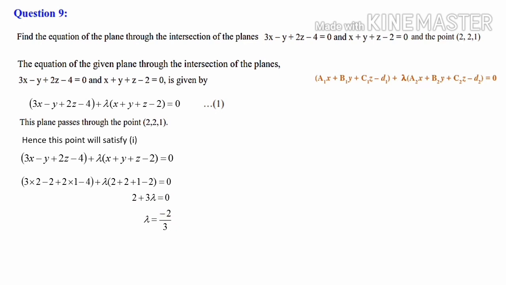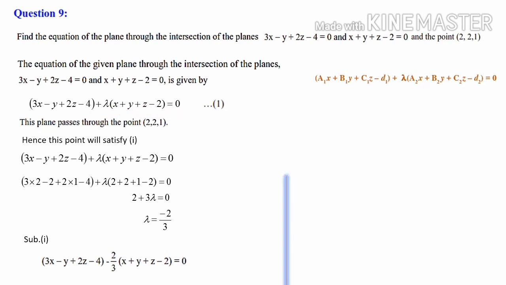If you substitute the value of lambda in equation number 1, we will get the required equation. Substituting in 1: 3x minus y plus 2z minus 4 plus lambda, where lambda is minus 2 by 3, into x plus y plus z minus 2 is equal to 0.